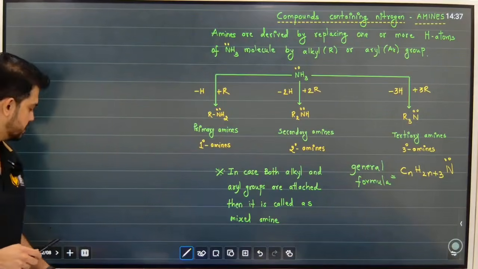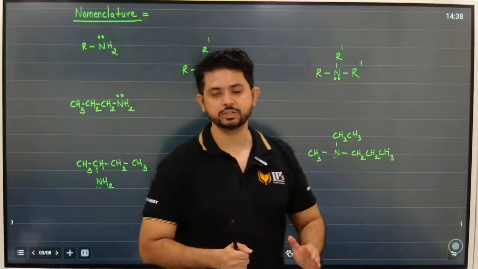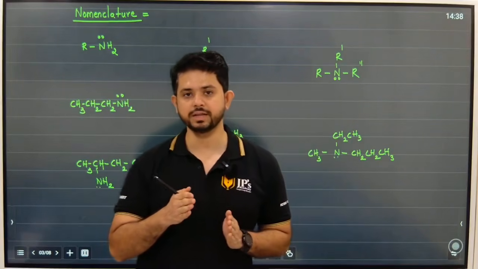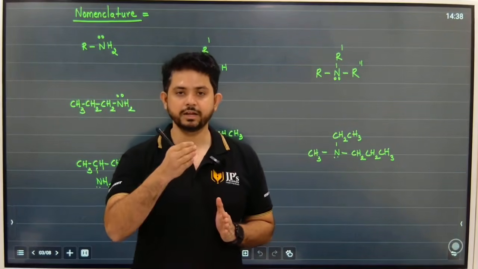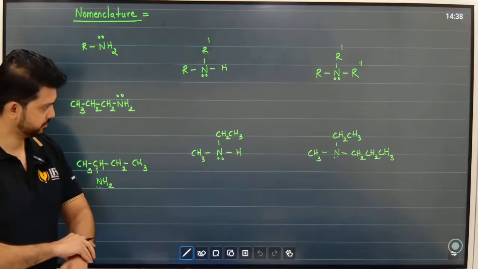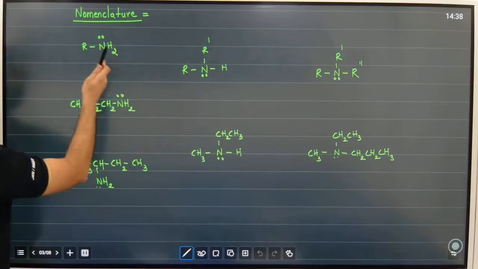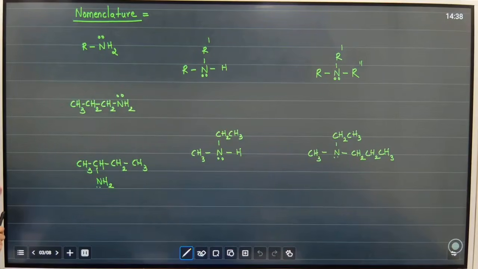Now students, let's continue with the basic nomenclature of amines. Just like amines are divided into primary, secondary and tertiary amines, their nomenclature is also slightly different. Let's start with primary amines first.